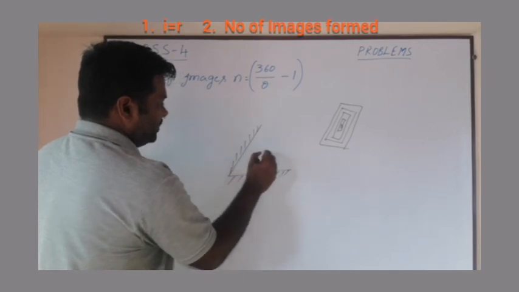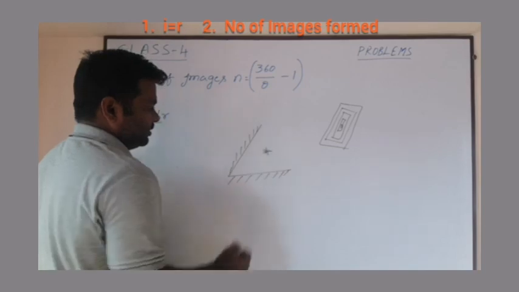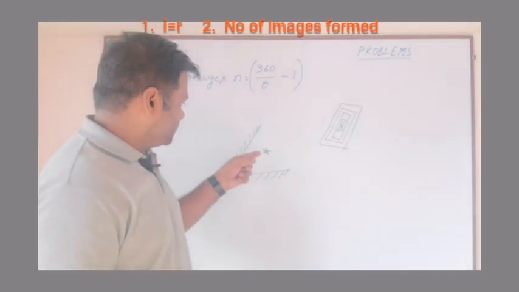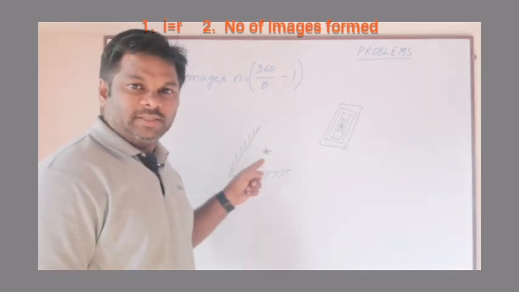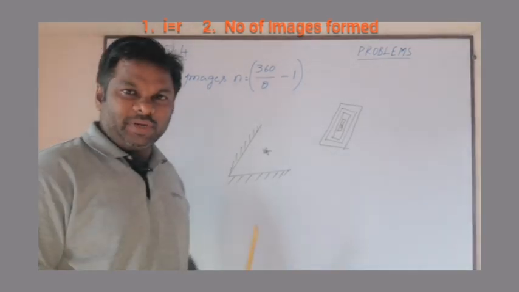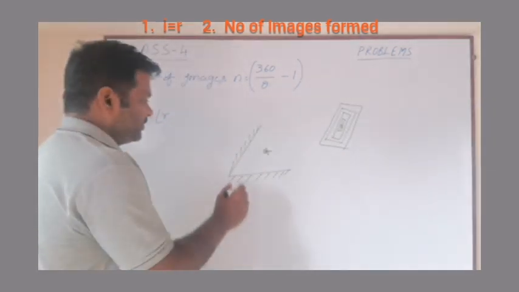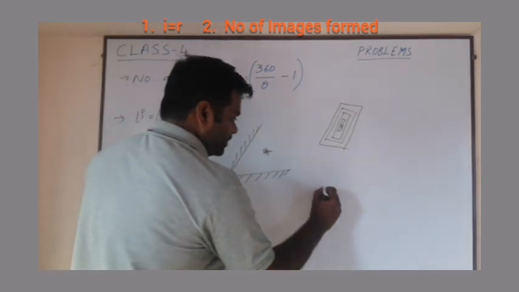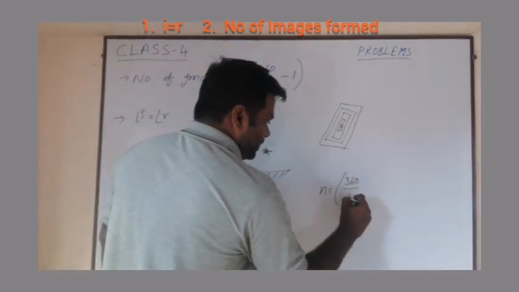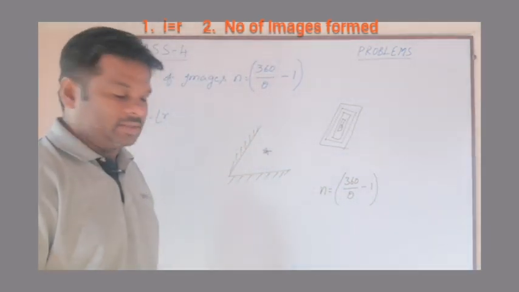When I keep an object here, like a star, how many images can I watch in these two mirrors? Yes, we can calculate the number of images by using this formula. N is equal to 360 by theta minus 1. You can use this formula to get the images.